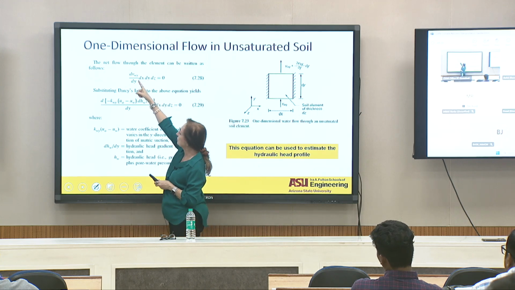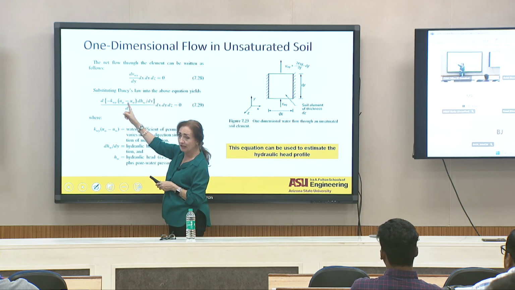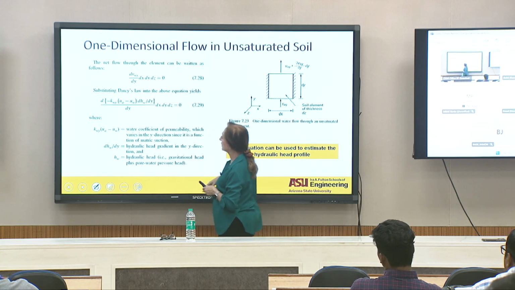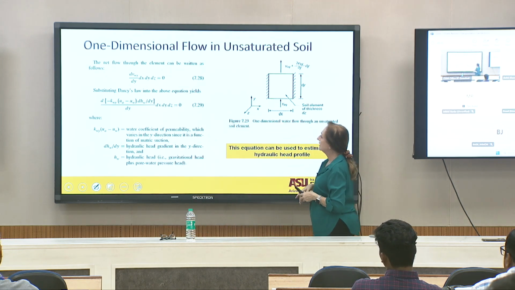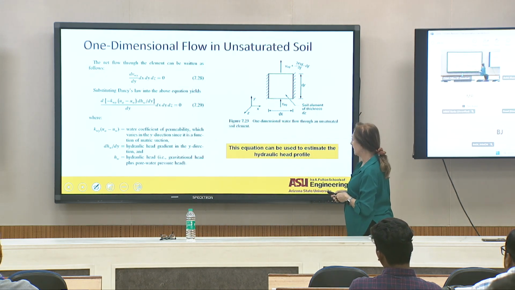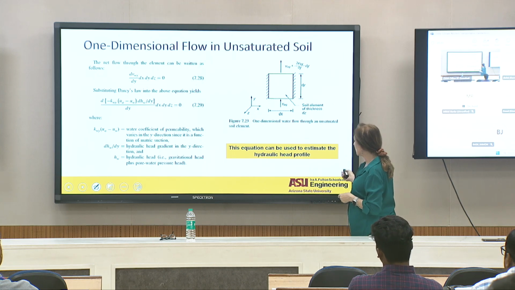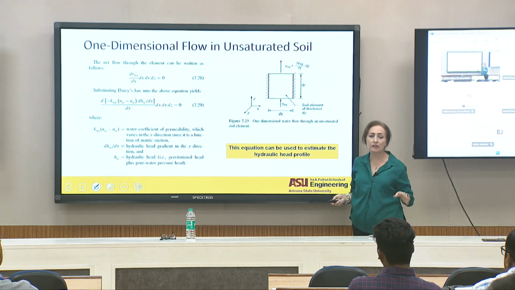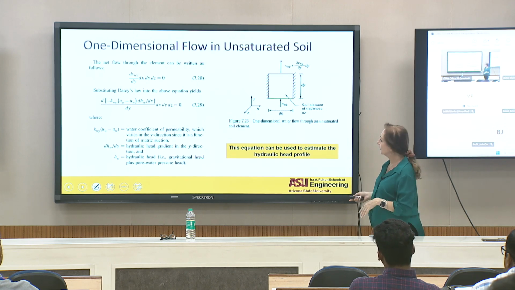And this is the flow rate, which is the permeability as a function of suction multiplied by the hydraulic head, and then you got the equation that yields that, right? This is the equation that can be used to estimate the hydraulic head profile for that.